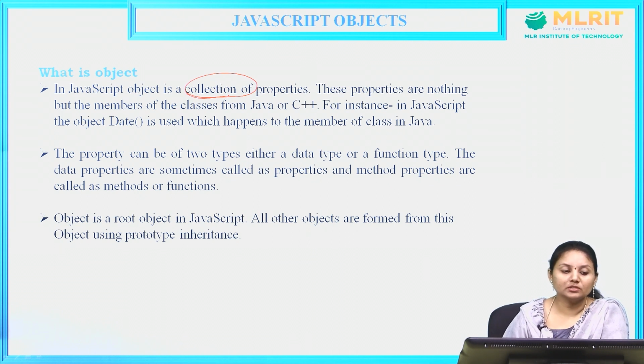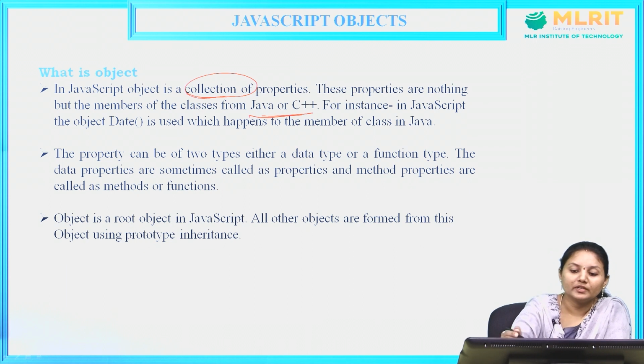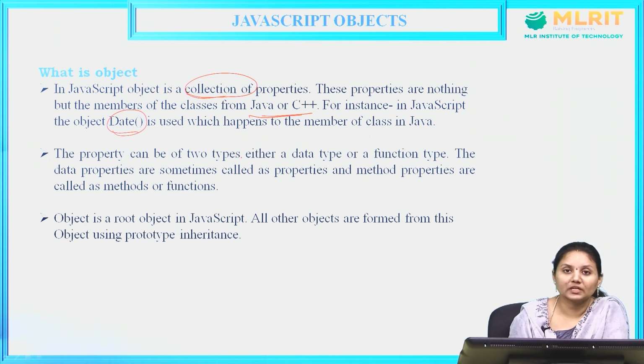These properties are nothing but the members of classes from Java or C++. For instance, in JavaScript, the object date is used, which happens to be a member of a class in Java. You can get the date in DDMMYY format or along with the IST also.